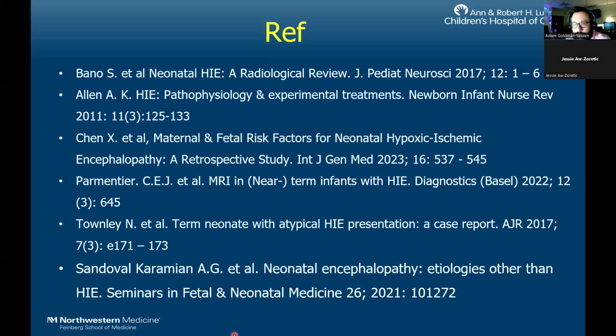We use that, and obviously we also see some of these cases later down the line when they might present with CP, cerebral palsy, that has come to clinical notice, even as late as 1 to 2 years.